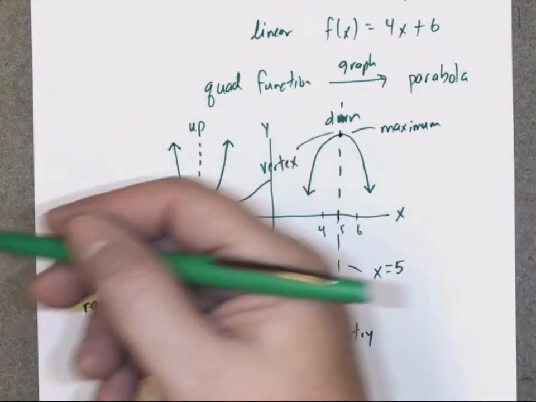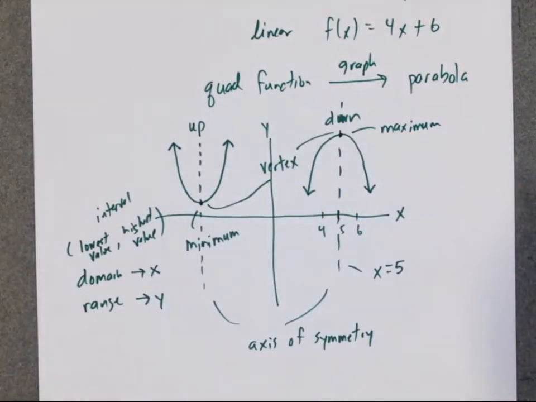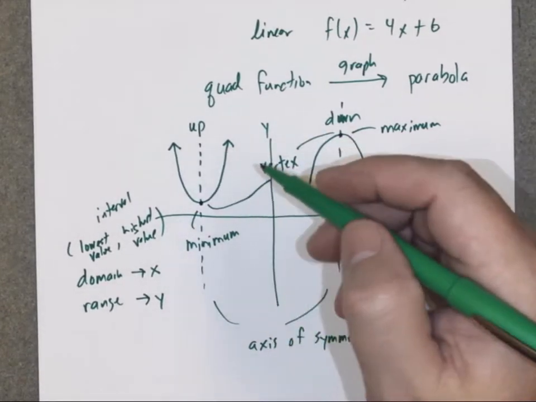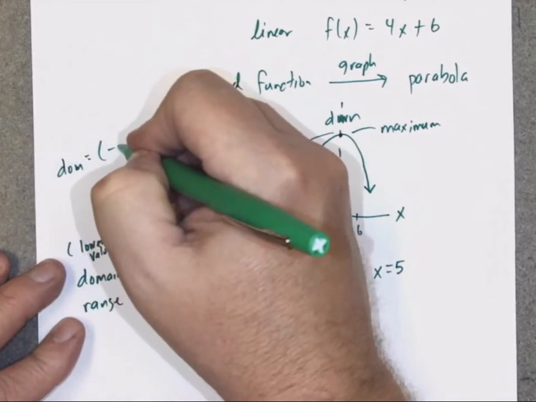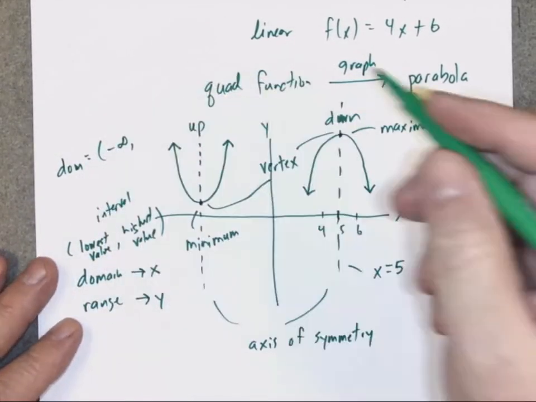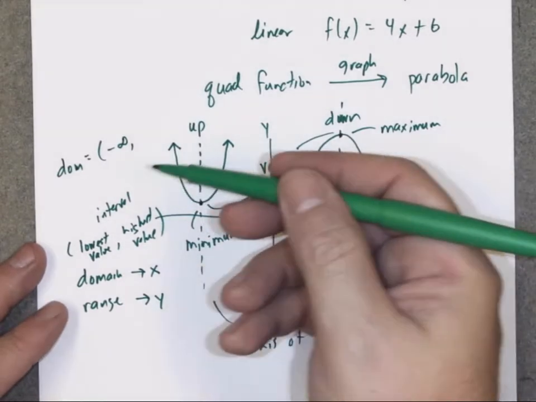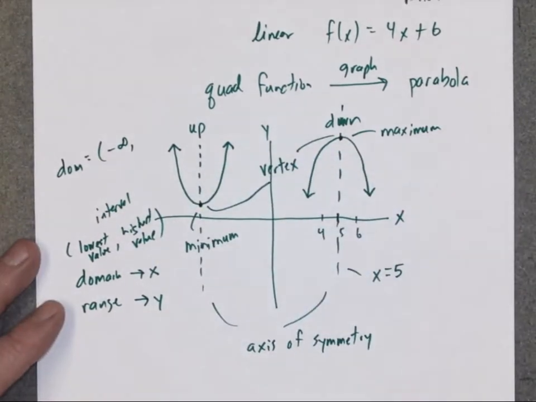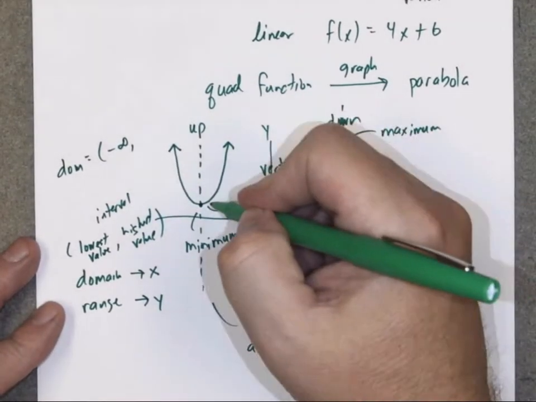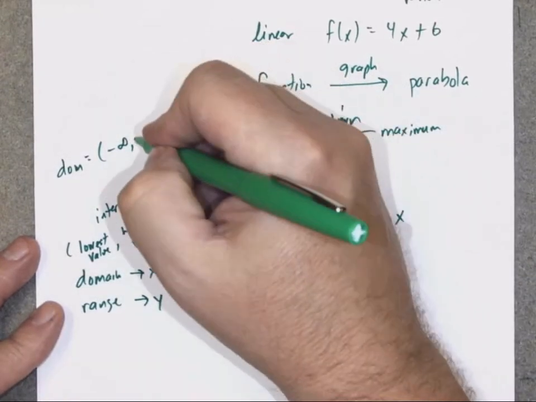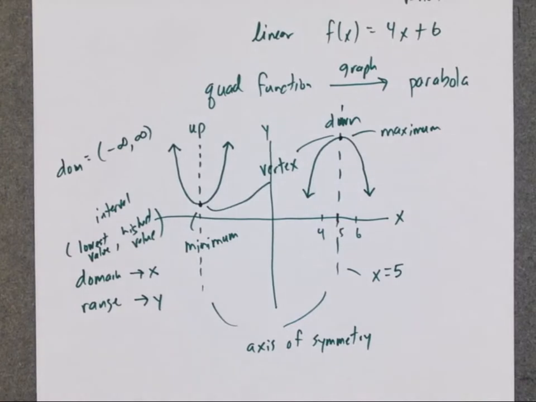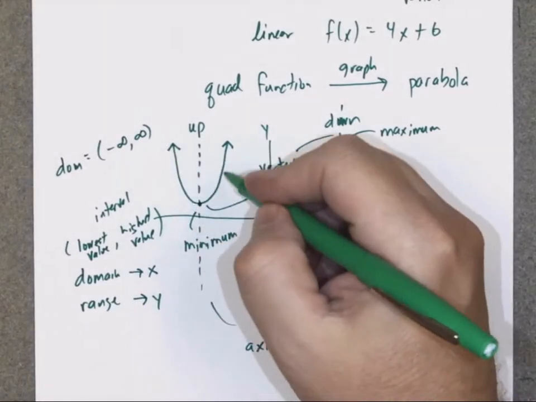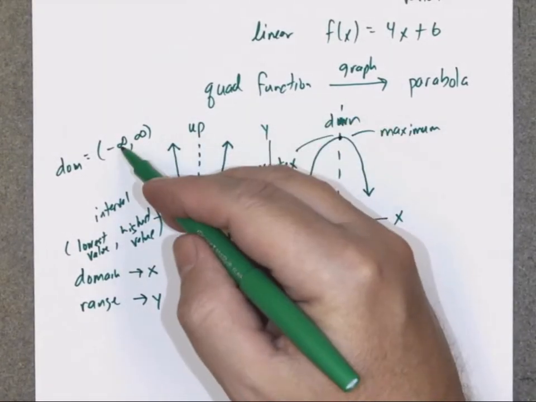So how far does this graph go to the left? It actually goes to negative infinity. So for this graph, I would say the domain, negative infinity, this is an interval, then how far, the highest value, how far does this graph go to the right? Once again, because it keeps getting wider and wider, it actually goes to infinity. So the domain of a graph like this is negative infinity to infinity.